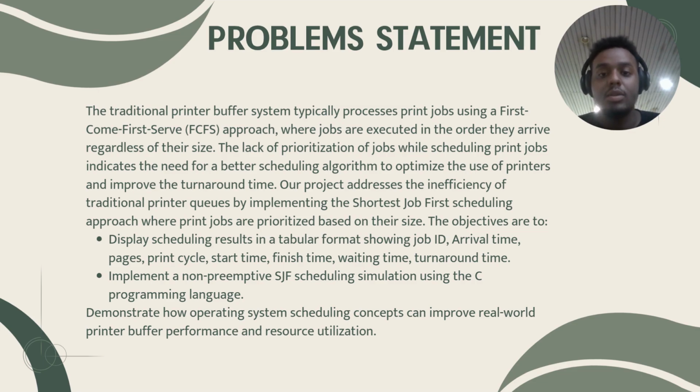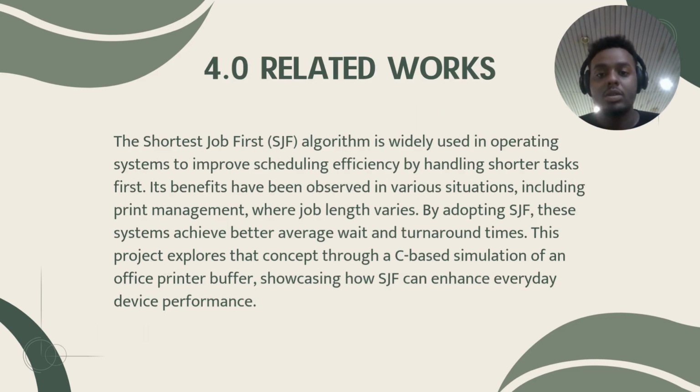This algorithm prioritizes jobs by the shortest job and gives them a higher priority. So the objectives are to display scheduling results in a tabular format, showing ID, arrival time, etc., and implement a non-preemptive shortest job first scheduling simulation using C. For the related works, shortest job first is widely used in the industry as it offers better waiting time and turnaround time than first come first serve.